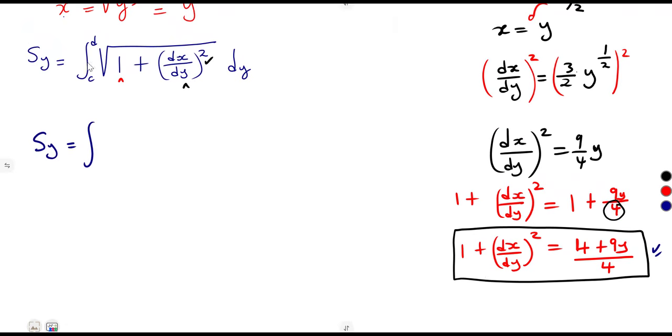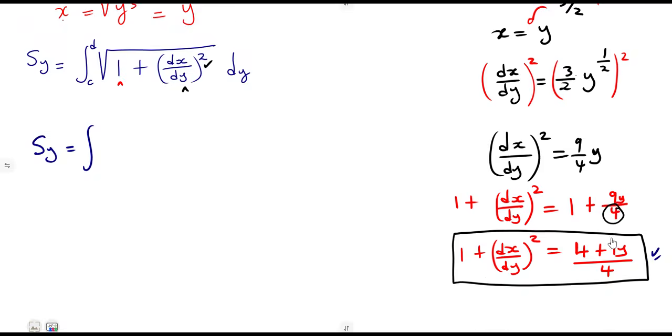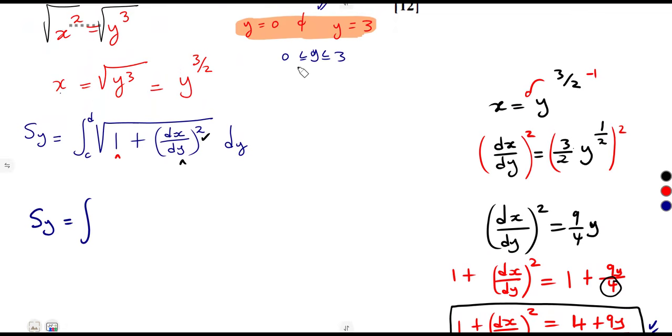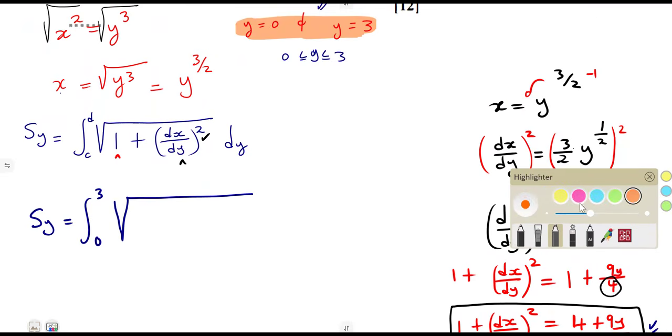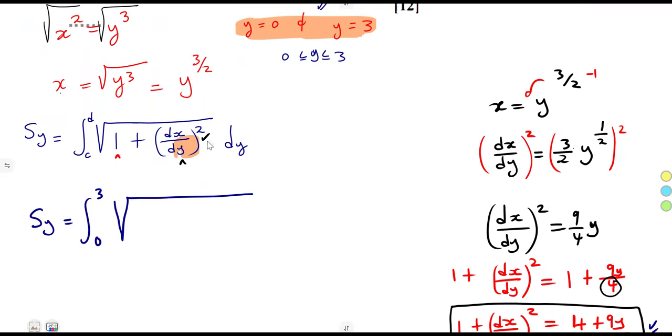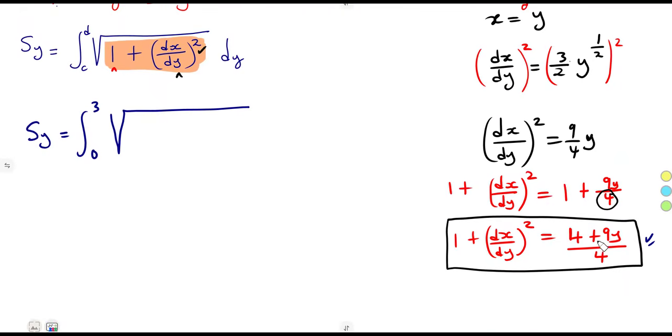So that is the integral. Remember, our y is greater than or equal to 0 up to 3. All right, so it is the square root of this whole part that we simplified here. We are going to substitute as it is.